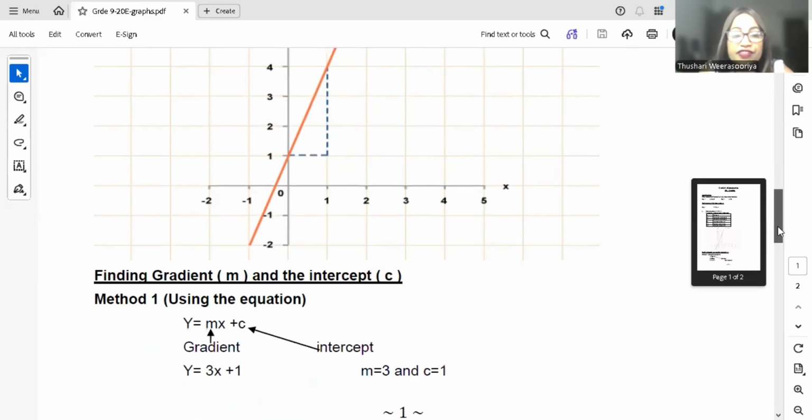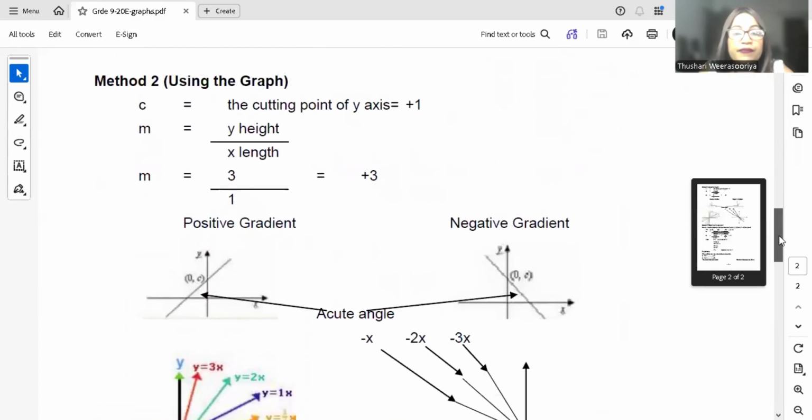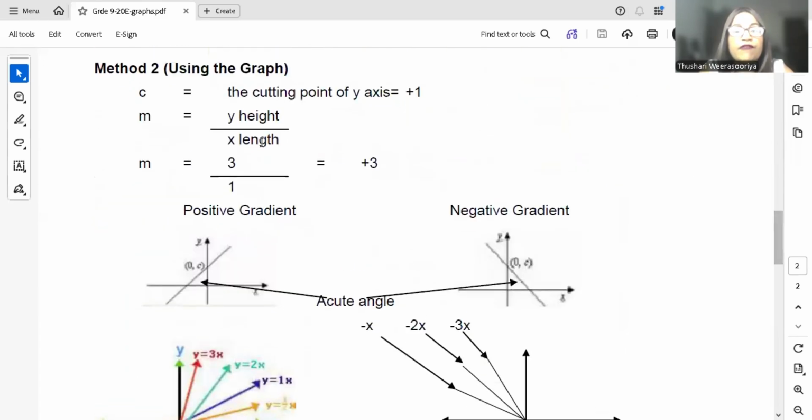Now, first one, c. The c is the cutting point of the y-axis. Look at this cutting point of the y-axis. That is 1. Then m equals y height divided by the x length, so 3 divided by 1, 3. But we don't know whether this is positive or negative.